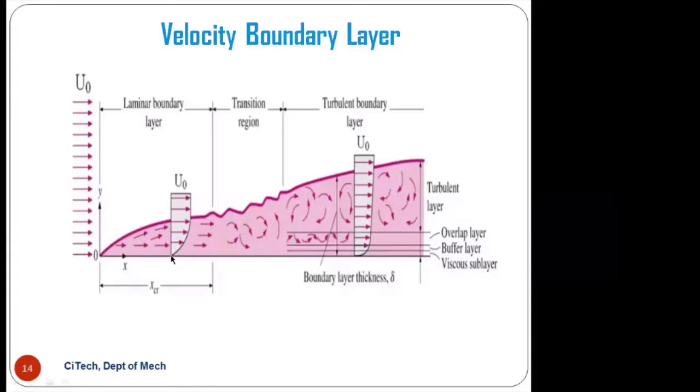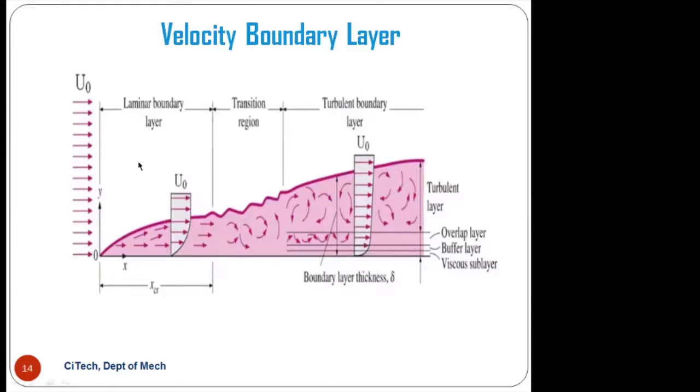Here is the plate, and the flow over the plate occurs. The velocity will be maximum as the distance moves away from the plate, where it is equal to the mainstream free-stream velocity of the fluid.